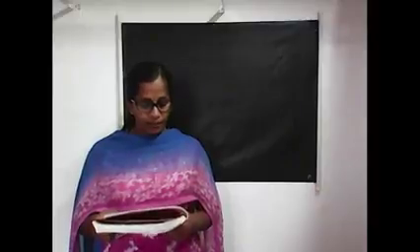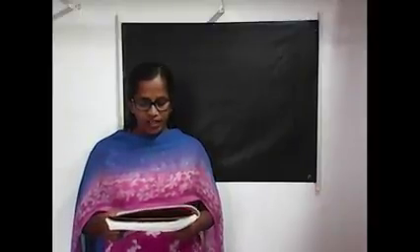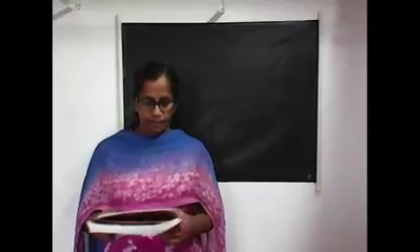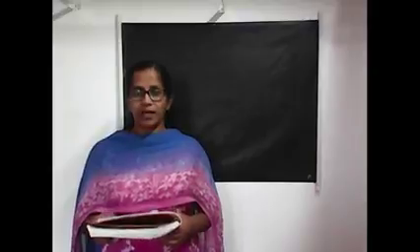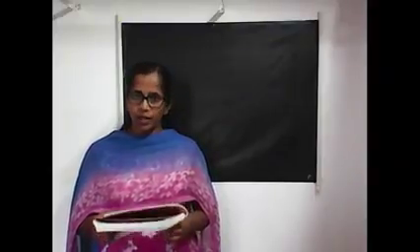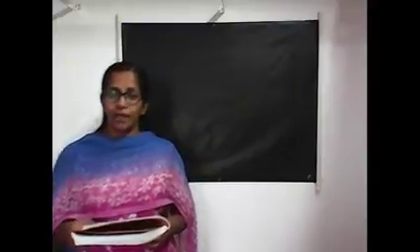Then burger. 1, 2, 3, 4, 5, 6, 7, 8 students like burger. Then sandwich. 1, 2, 3, 4, 5, 6, 7. 7 students like sandwich. So the number of students is given. You got it by counting the pictures given.